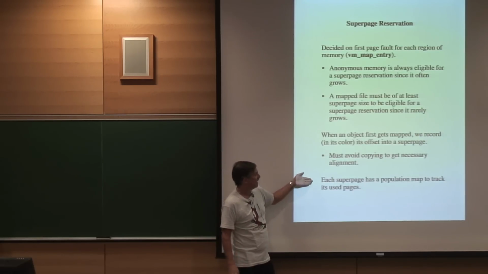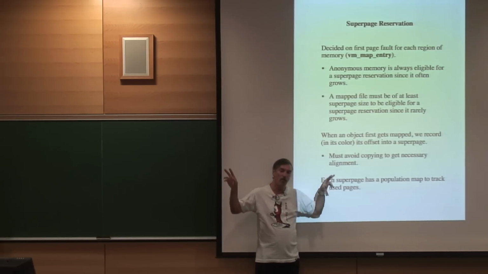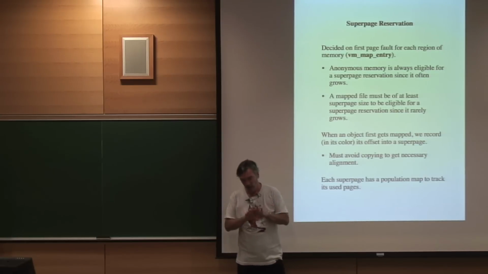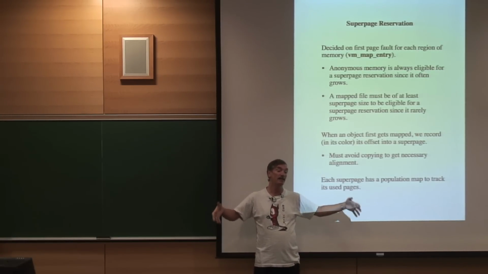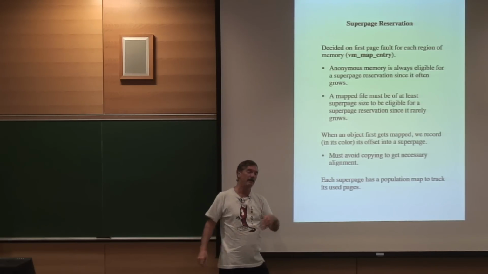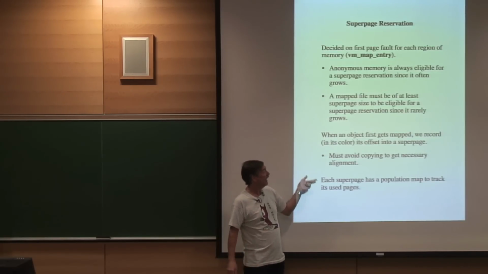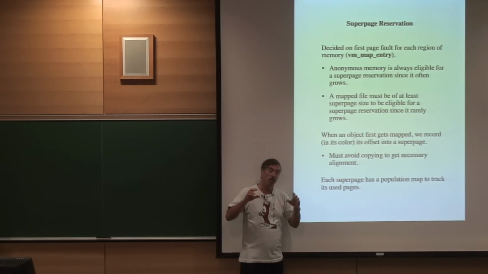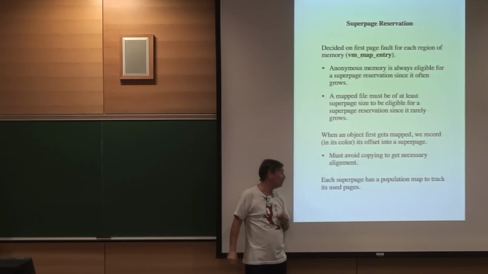Okay, and then for each superpage, we have what we call a population map, which is to keep track of how much of that superpage you actually have faulted in. So the summary here is we look at it and say, all right, this looks like something that could potentially use a superpage, so we're going to reserve a superpage for you, but we're only going to give you the one 4K page that you need.